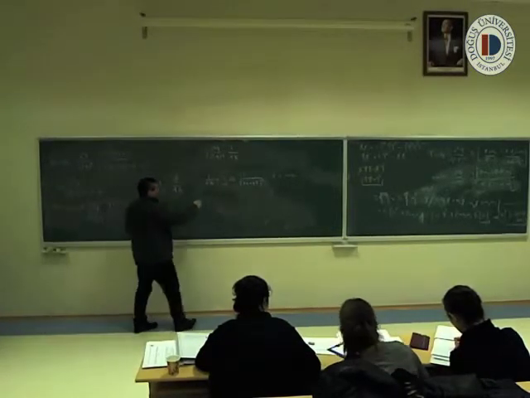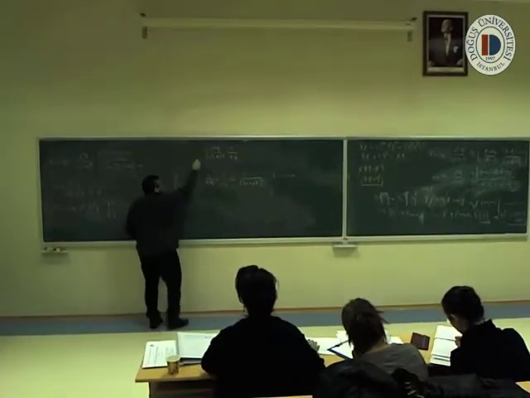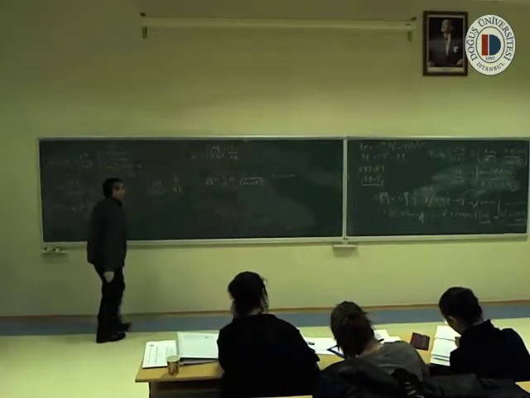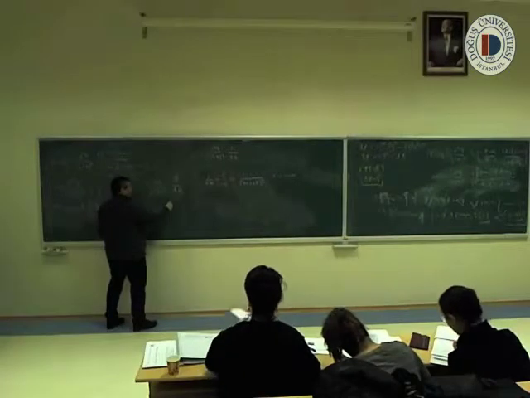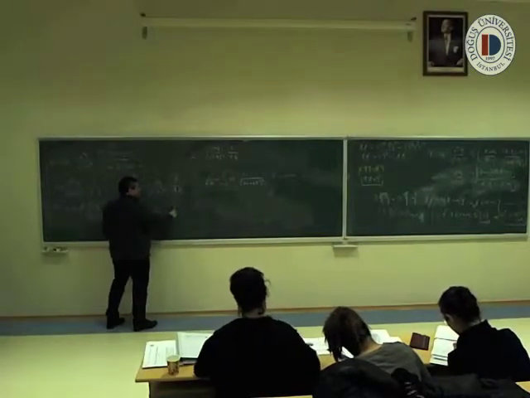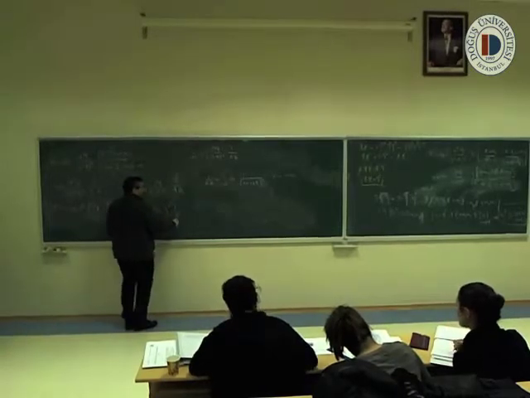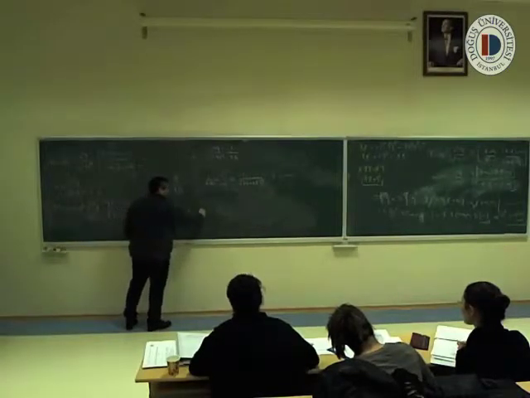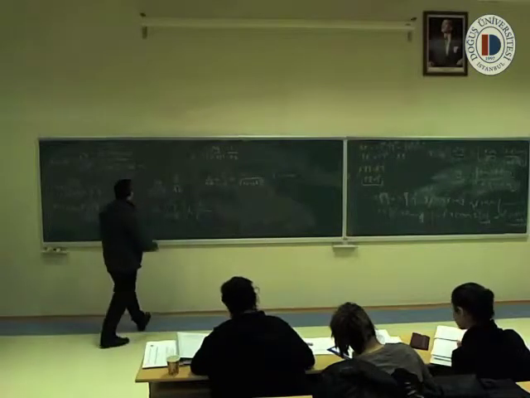So let's apply it here. We will have this integral, for example, I1, integral 1. So I1 is equal to d4q over (2 pi)^4, the integral from 0 to 1 dx, 1 over (ax plus b x bar) squared. What was our a?